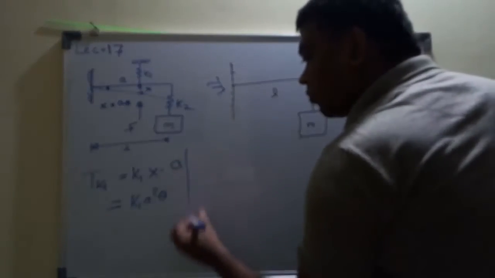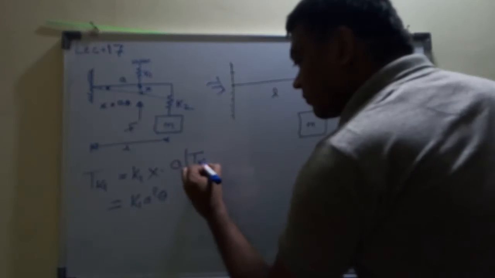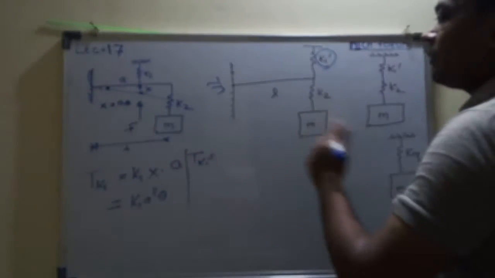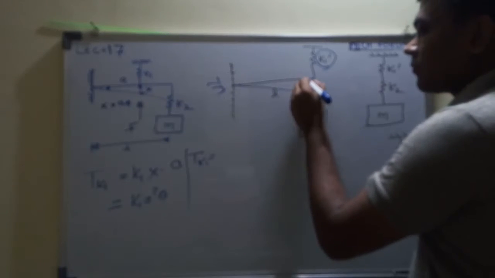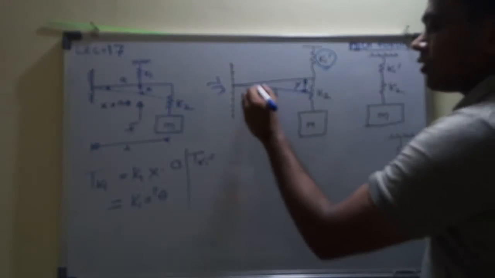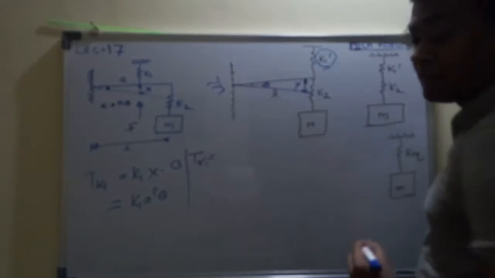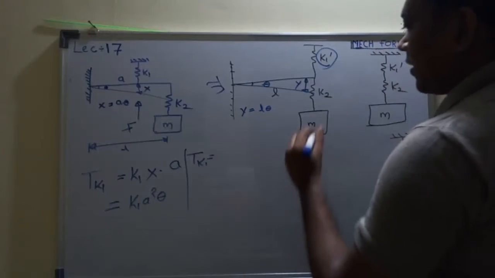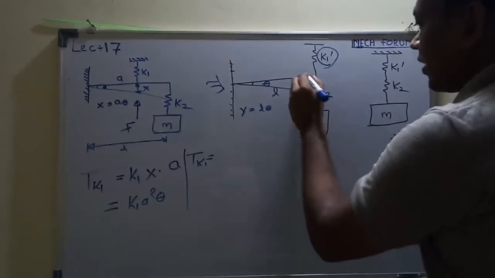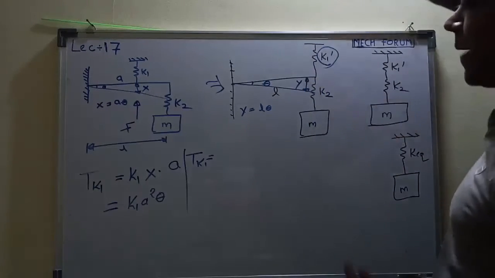Similarly, torque by K1 dash, how will it be? It will be deflected like this. This is the deflection Y, and this is the angle by which it is deflected. So Y equals what? L theta, and spring force will act in the upward direction. If you pull it down, spring will pull it back.